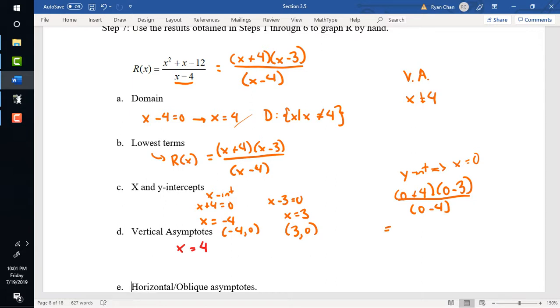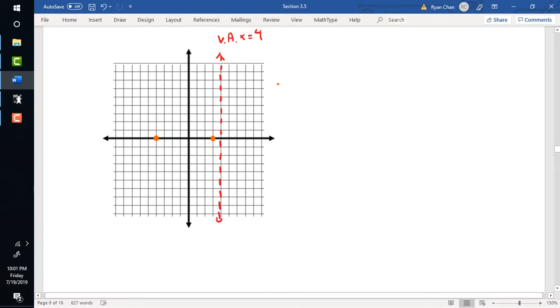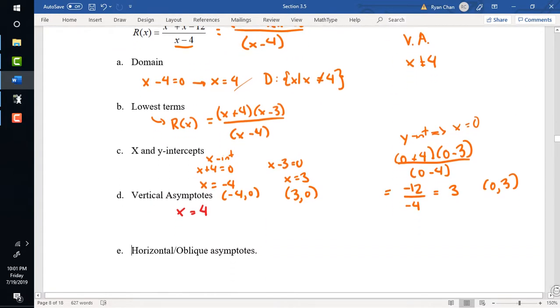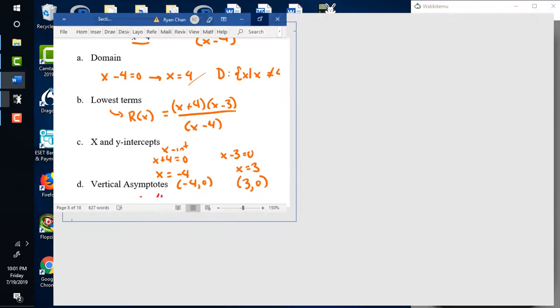So this is negative 12 over negative 4, and that equals 3. So I have a y-intercept at 0, 3, like this right here.